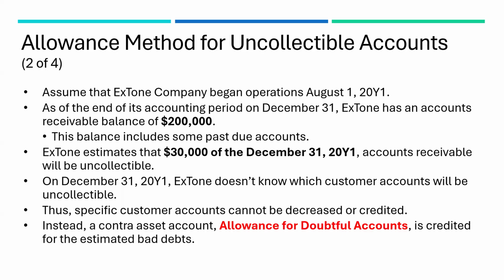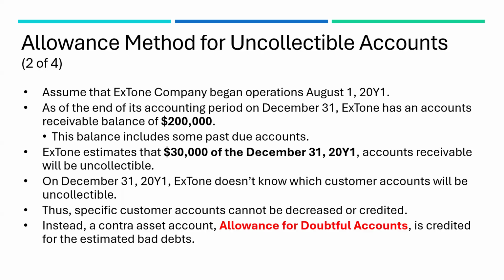So we create what's called a contra asset account called the allowance for doubtful accounts. Much like the accumulated depreciation account is a contra asset account, allowance for doubtful accounts is also a contra asset account.